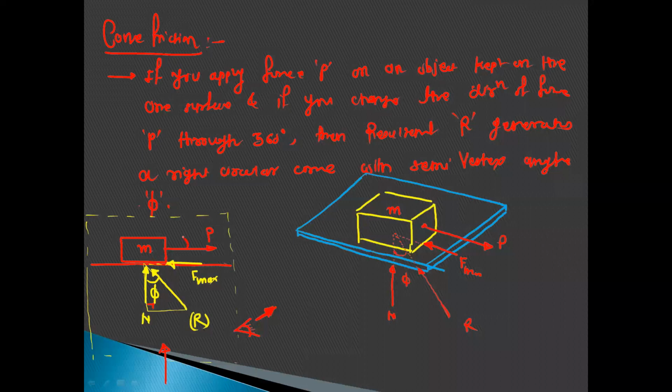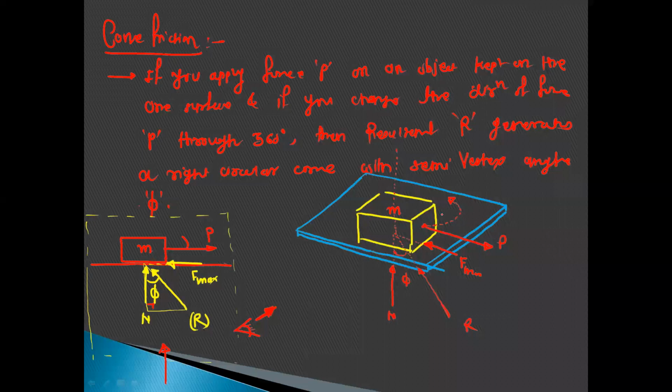You are not changing this angle, you are changing the angle in this horizontal plane. Consider this is one vertical axis, and about this axis you are rotating the force P in this direction. Every time you change the direction, this resultant will also rotate in the same plane.